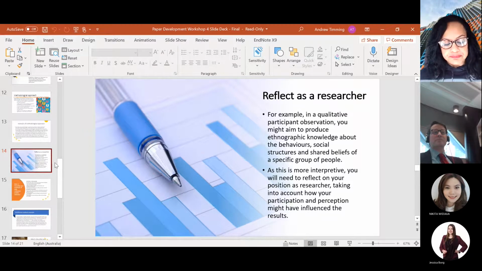So, for example, in a qualitative participant observation, you might aim to produce ethnographic knowledge about the behaviors, social structures, and shared beliefs of a specific group of people. And as this methodology is less controlled and more interpretive, you will need to reflect on your position as a researcher, taking into account how your participation and perception might have influenced the result. Next slide, please, Andrew.